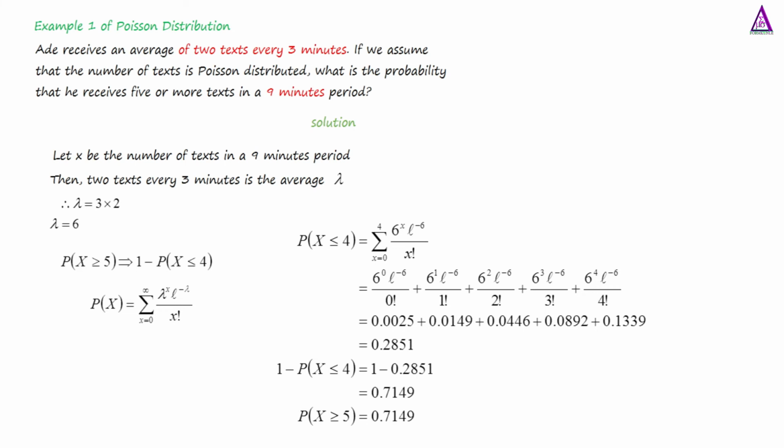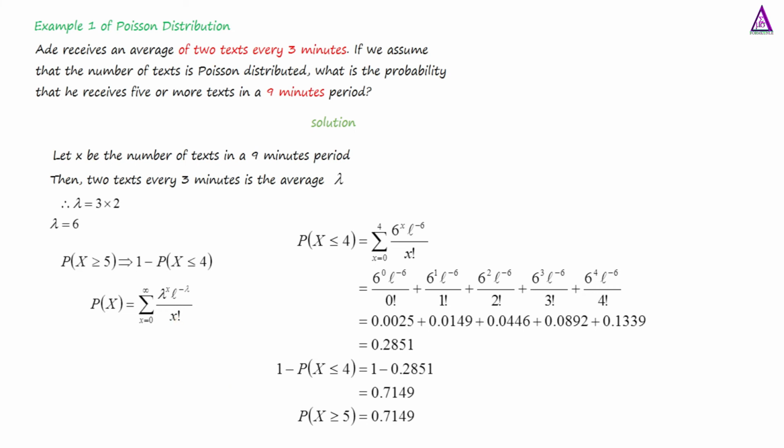The probability that Ade receives 5 or more texts in a 9-minute period is x greater than or equal to 5, which leads us to 1 minus the probability that x is less than or equal to 4. And this is our probability distribution function of Poisson.